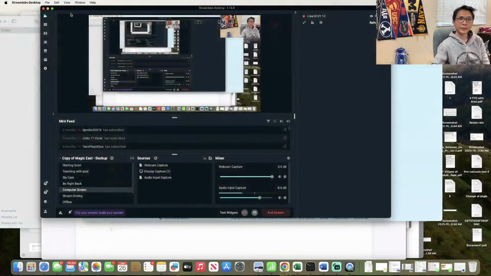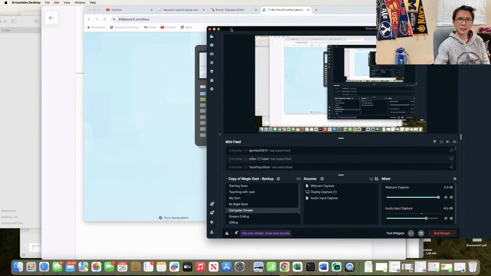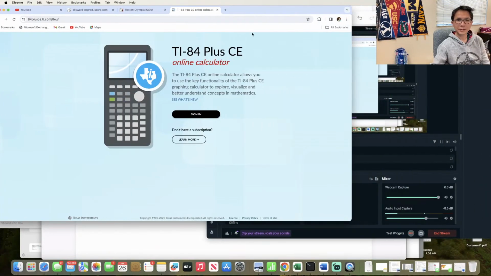wait, hold on a second. Where's my bookmark? Chrome. Other bookmark? Okay, TI-84. So if I go to the TI-84, okay, so let's do that.